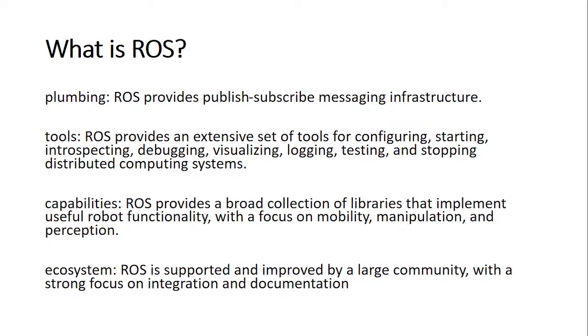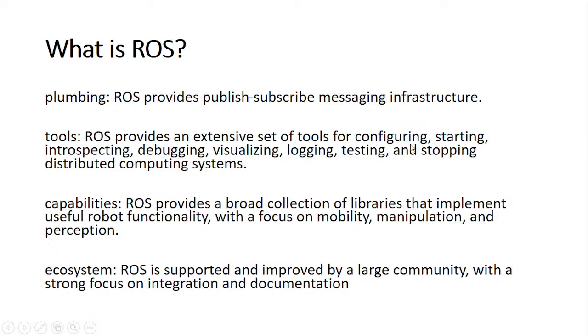Then different types of tools that are used in ROS. ROS provides an extensive set of tools for configuring, starting, introspecting, debugging, visualizing, logging, testing, stopping, and distributed computing systems.